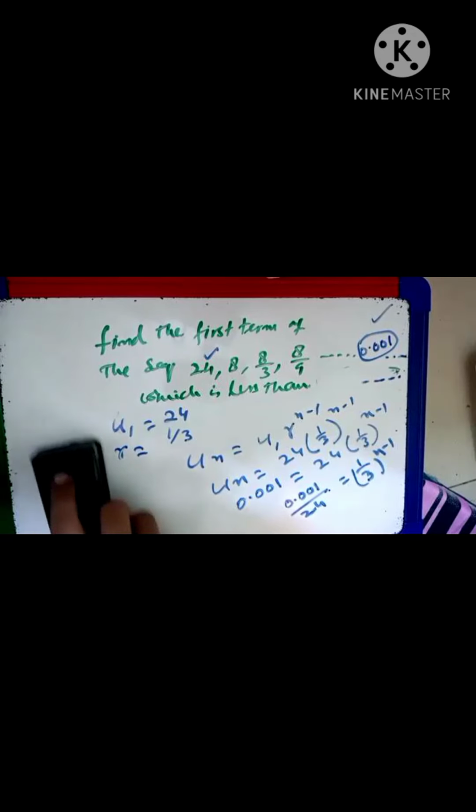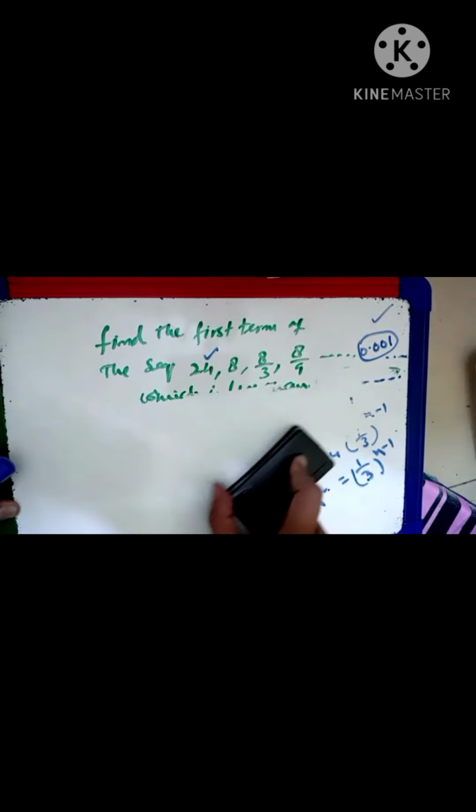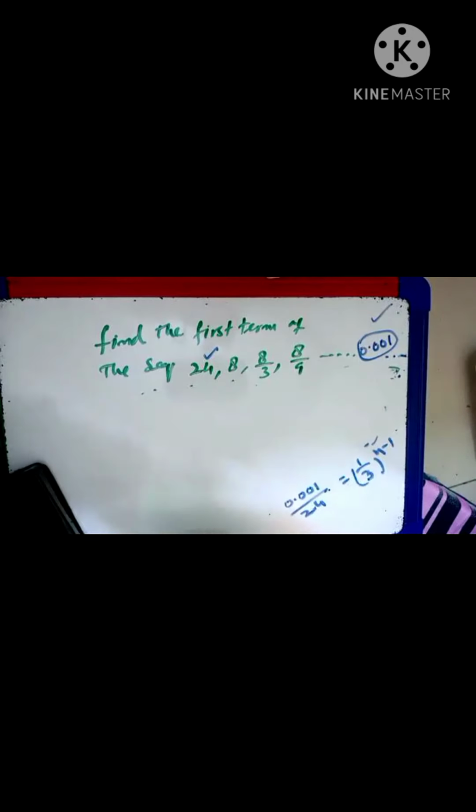I don't really know what to do with n minus 1. Okay. You did this part, I think. Okay, tell me what's the answer of this one. 0.001 divided by 24.